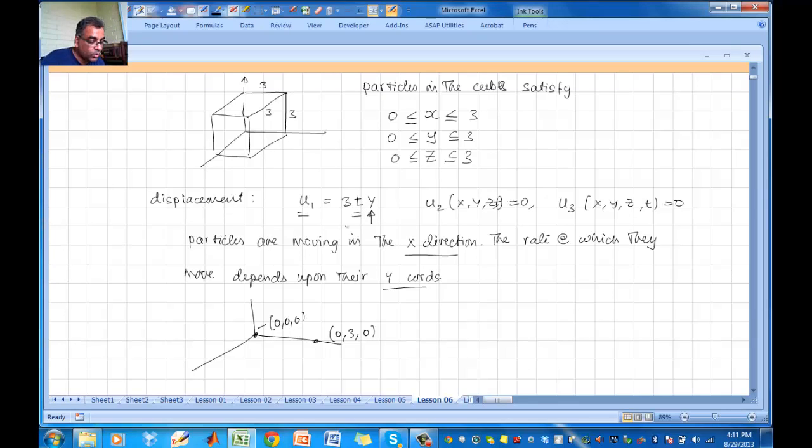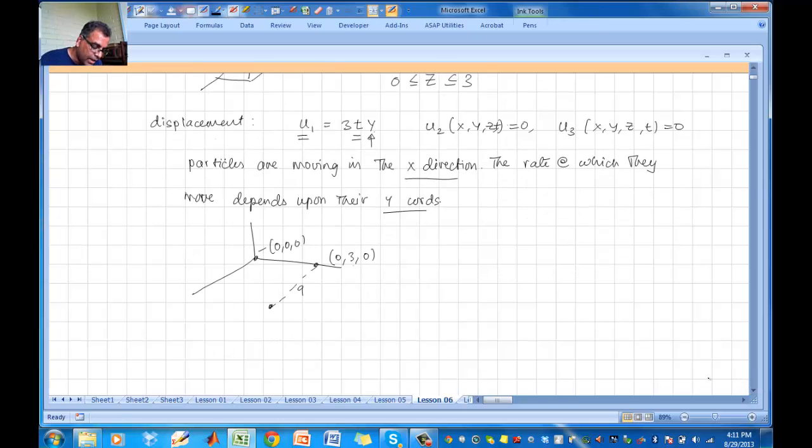After 1 second, 3 will go to 9. So the distance through which it goes is 9. You will see that every point along this line will move by the same amount.